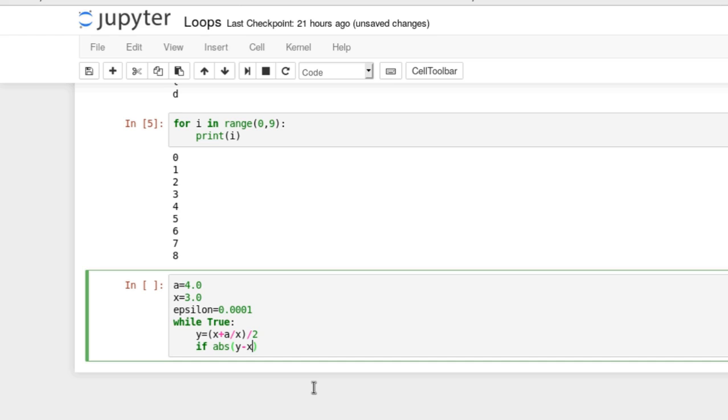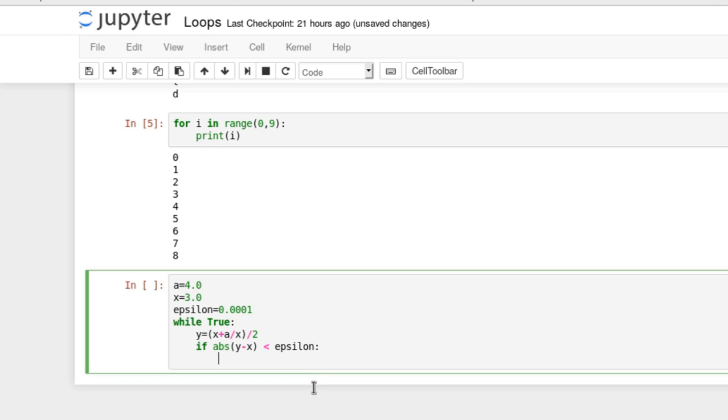Absolute value of y minus x. You can write either x minus y or y minus x, which is less than the small value. In our case, we define the small value as epsilon. If the absolute value of y minus x is less than epsilon, which means the difference is very small, then you can use the break statement which exits from the loop.